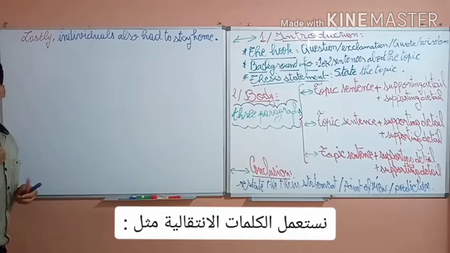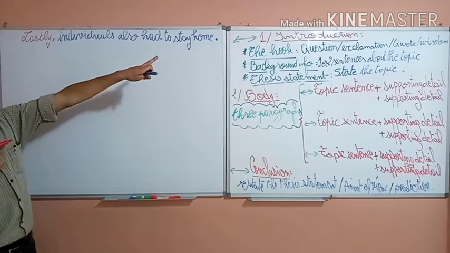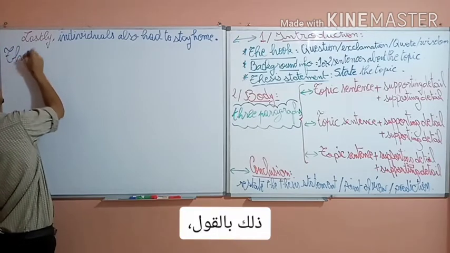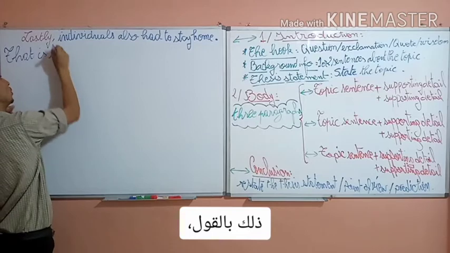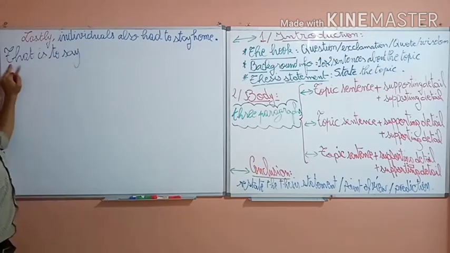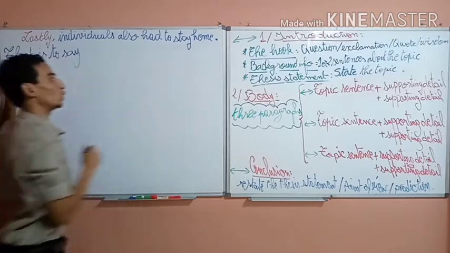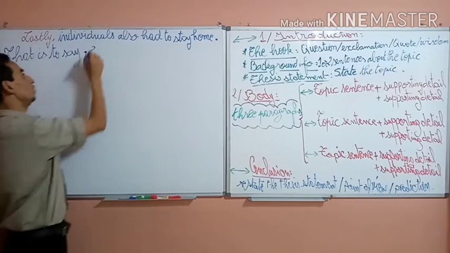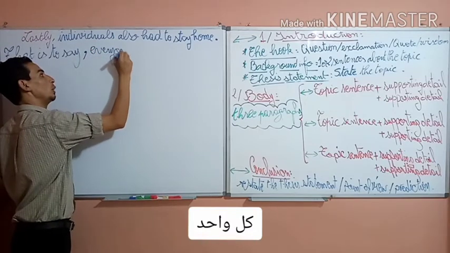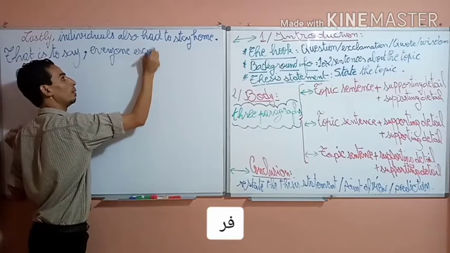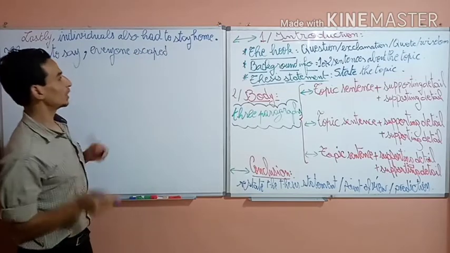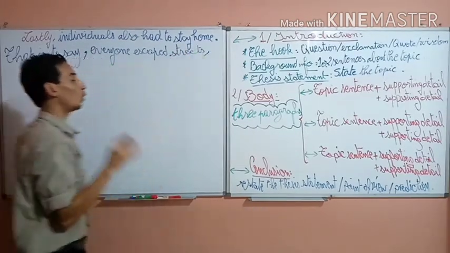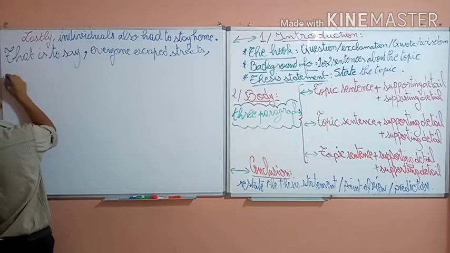We use a transition like we have here after the full stop. We say, that is to say, with a capital T after the full stop. That is to say, everyone escaped. Escape what? Escape streets, comma, what else?